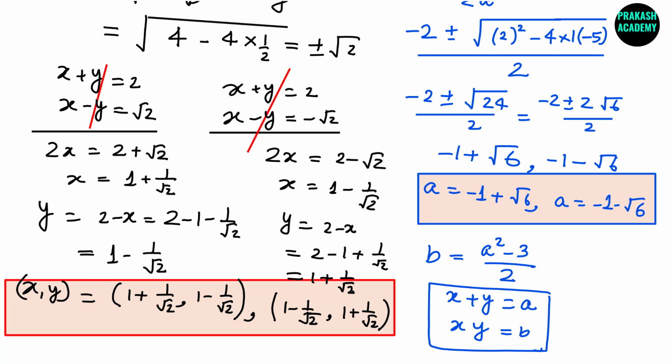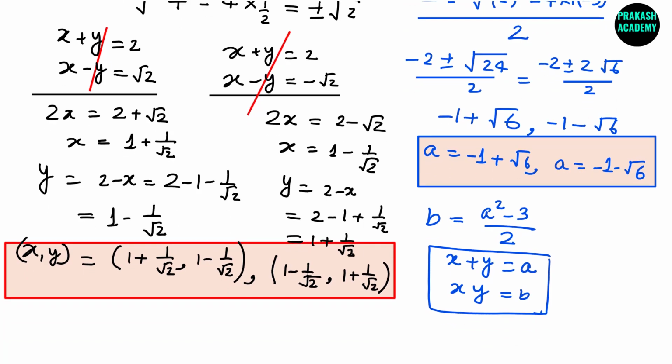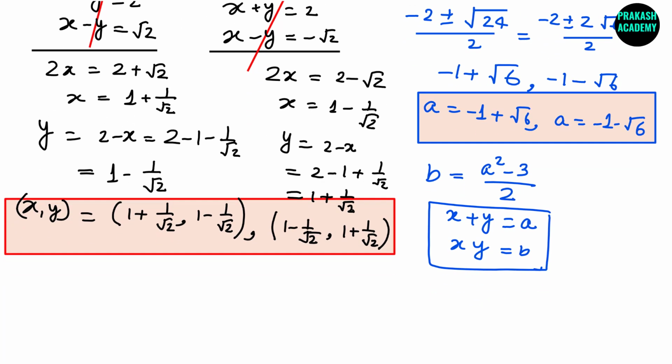Basically in this case you will have more cases. From this case number 2 you will have sub cases. Sub case 1, in that case you will have a is equal to minus 1 plus root 6.